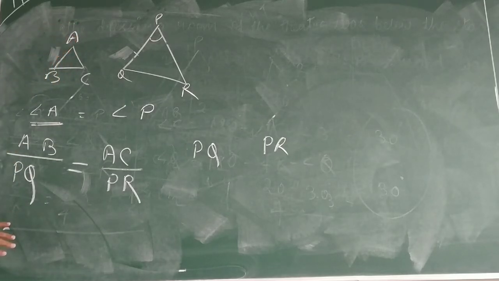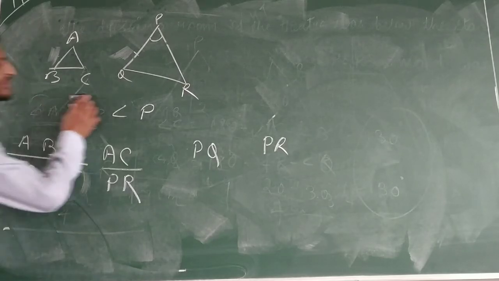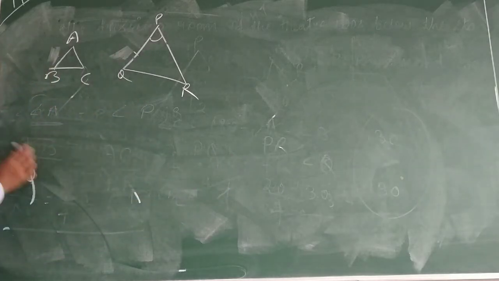Got it? Let us repeat it again. If two triangles have an equal angle with an angle of another triangle, and the sides around the equal angles are in proportion, then we can say that these two triangles are similar. If the two triangles are similar, then we can write down very easily that the ratios of their parts are in proportion.